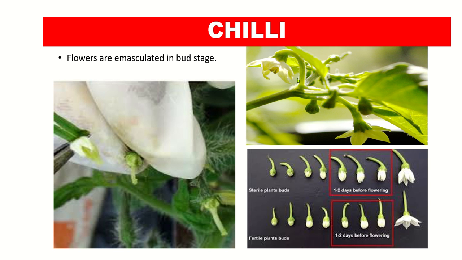In terms of chilies, we have to select the right stage of flower buds, which is 1 to 2 days before flowering. How will you be able to identify this? It comes with the experience, art, or you can call it the skill of the plant breeder, or a junior research fellow, or a farmer willing to go for seed production.